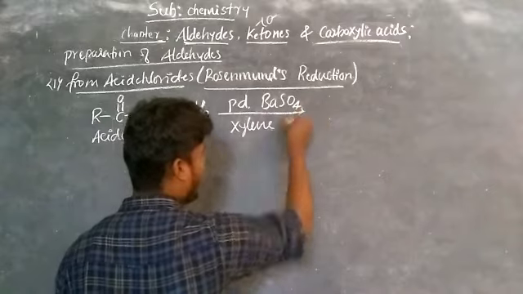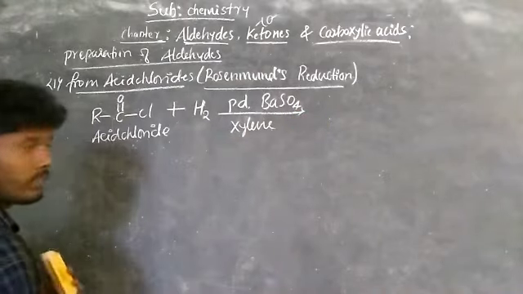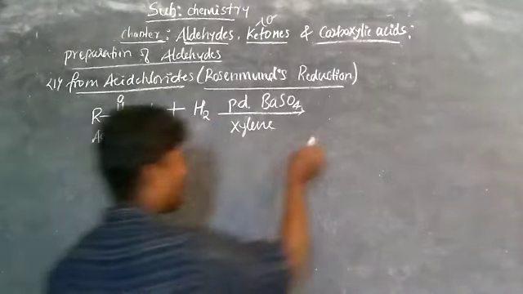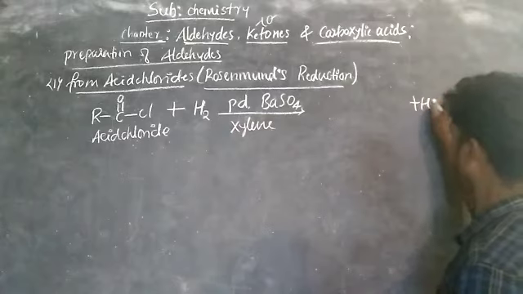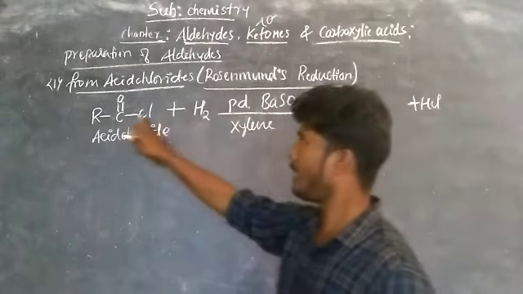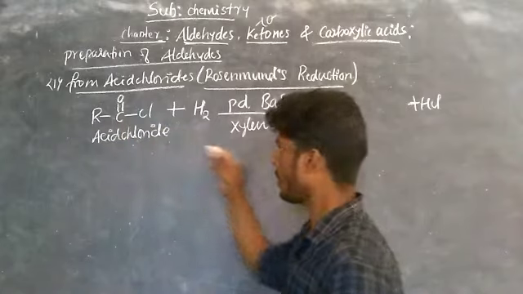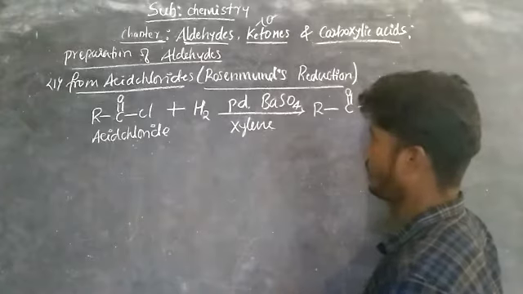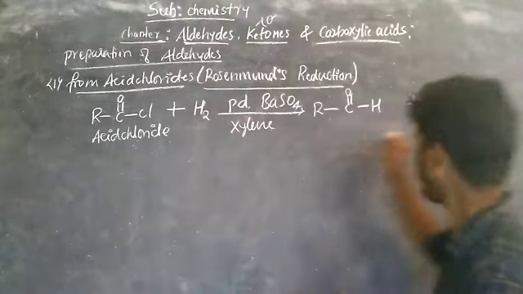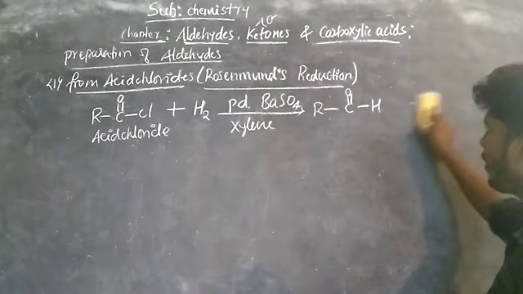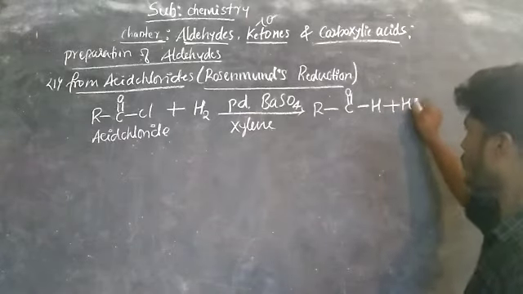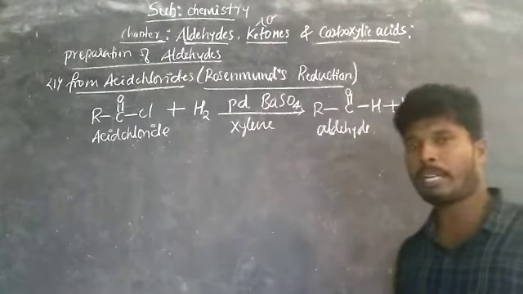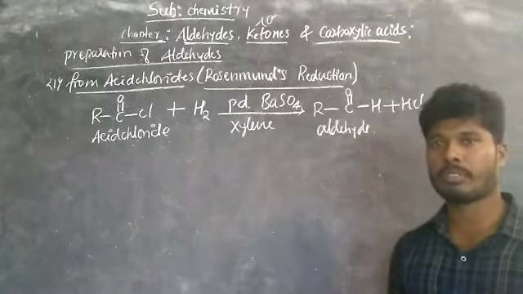Under this condition, there are two hydrogens. One hydrogen combines with Cl and becomes HCl. The other hydrogen is added in place of chlorine, so you get C double bond O bond H, and HCl. This reaction is called the Rosenmund reaction. So in this method we prepare only aldehydes, not ketones.